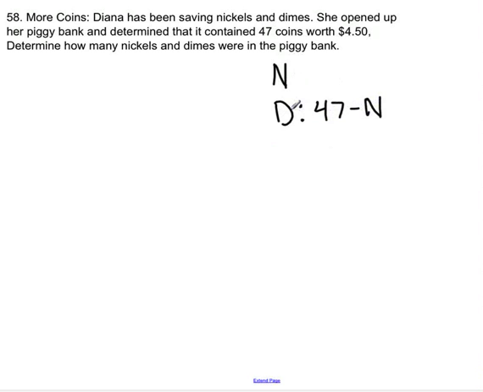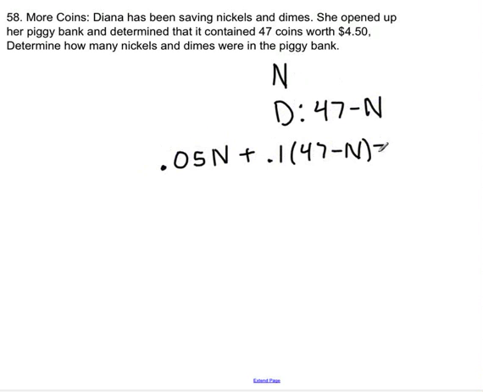up with the dimes. So now, what I know is that if I take nickels and they are worth 5 cents a piece, and I take 0.05 and multiply it by n, that means I can find the value of my nickels plus the value of my dimes, but my dimes is going to be 47 minus n.